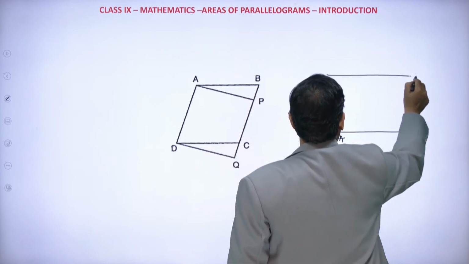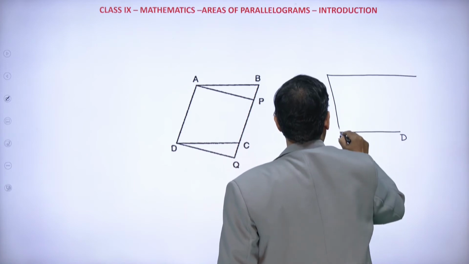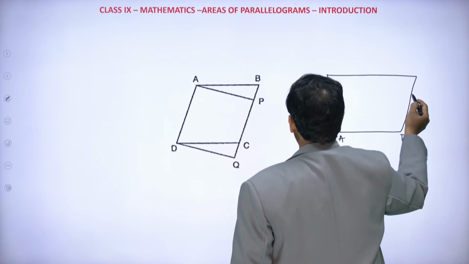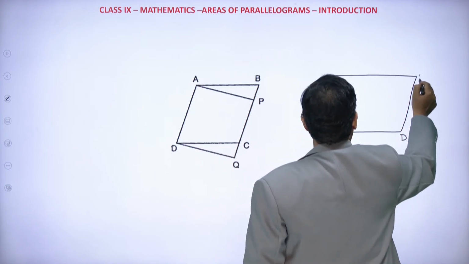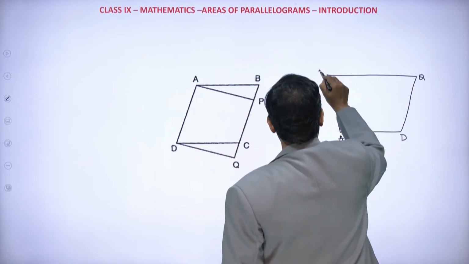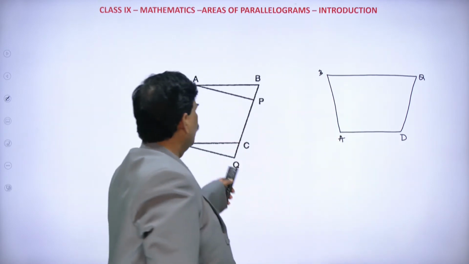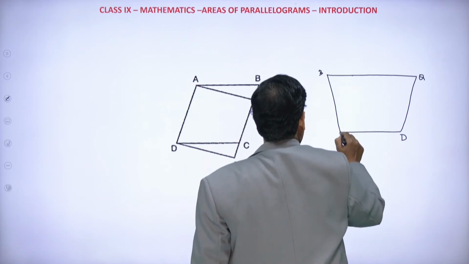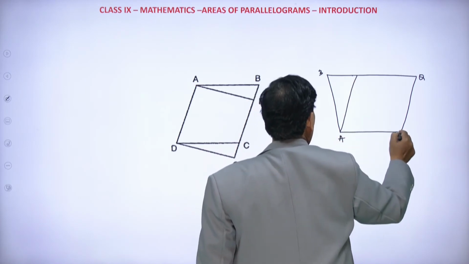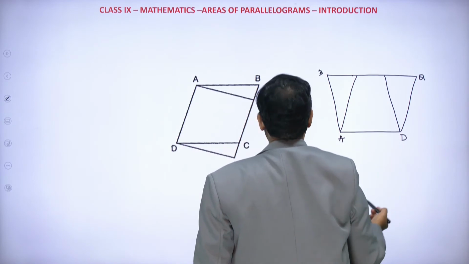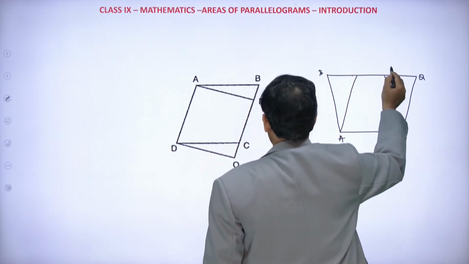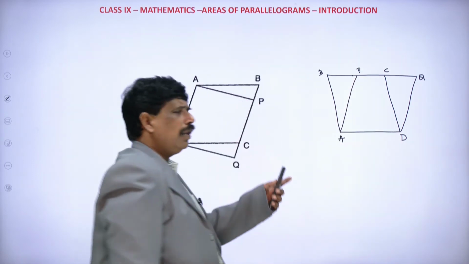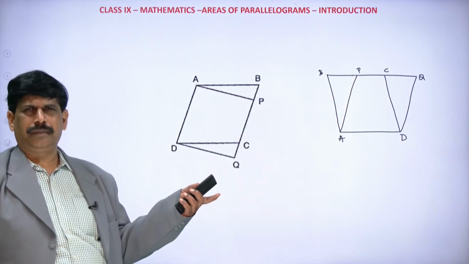And you have one more here. So what can you say about ADQB? It is a trapezium. And this is AP here, and this is ADCP. So you are seeing two trapeziums here.